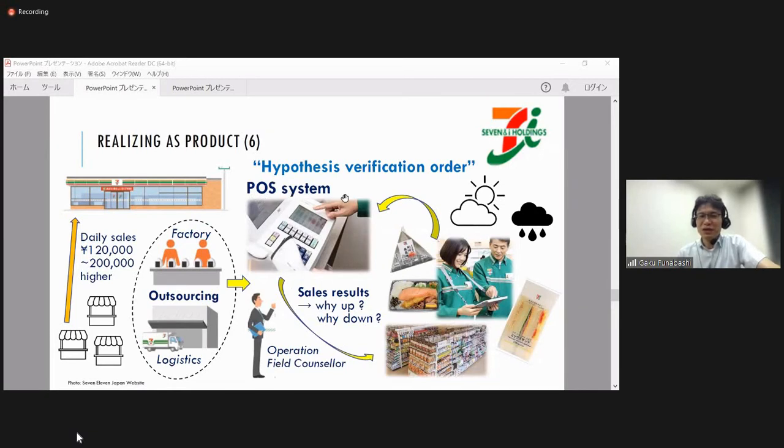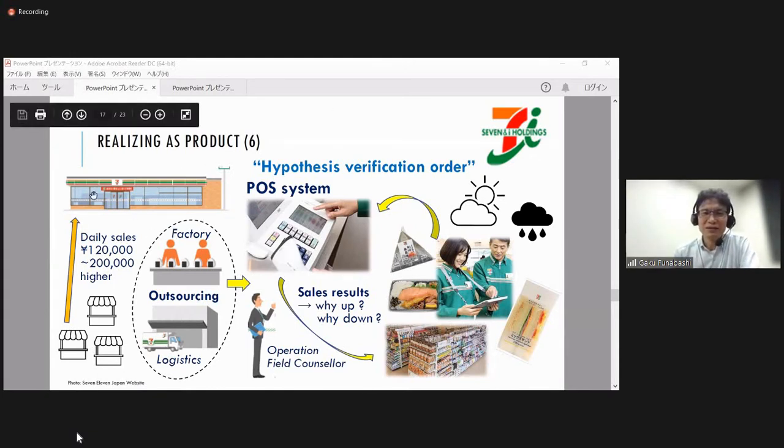Every time they sell a product, they scan the barcode and immediately store the information on what kind of products are sold. And other similar stores decide the order of new products based on this data.